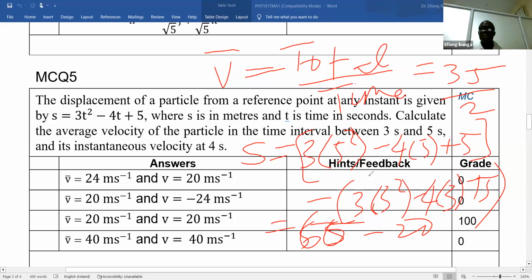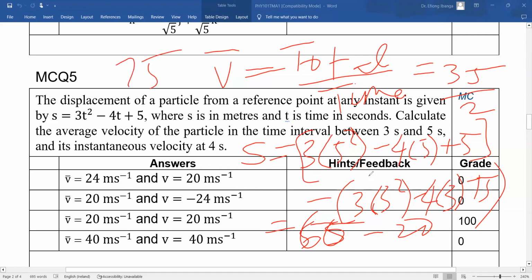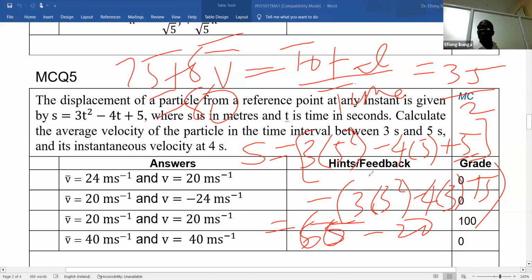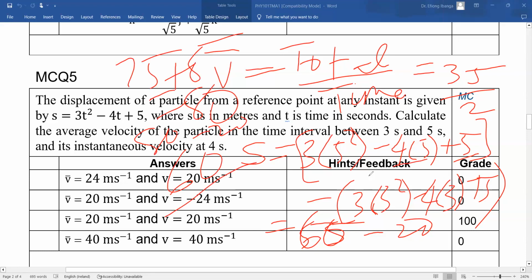Are you following now? This is supposed to be 75, plus 5, which is 80. Then 80 minus this one, minus 20, is 60. So it is 60 divided by 2. All right.